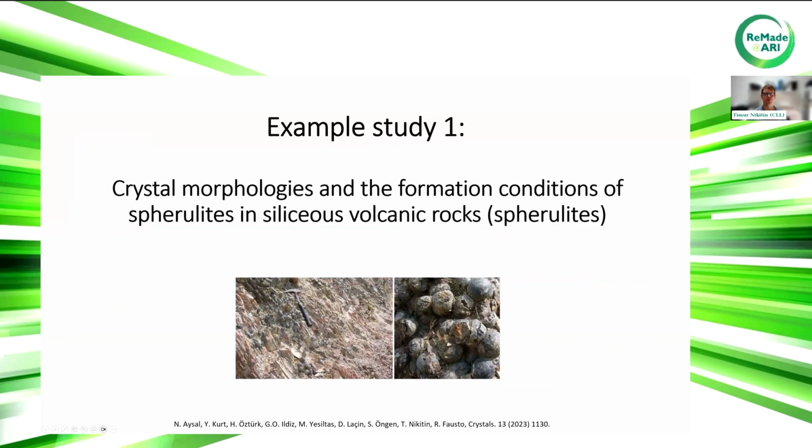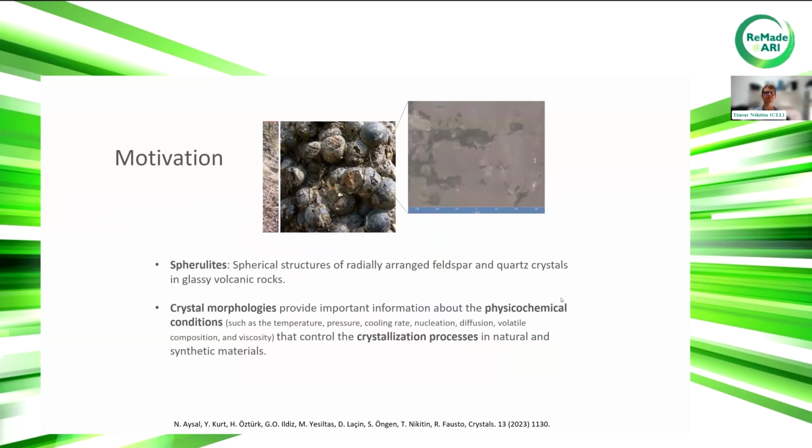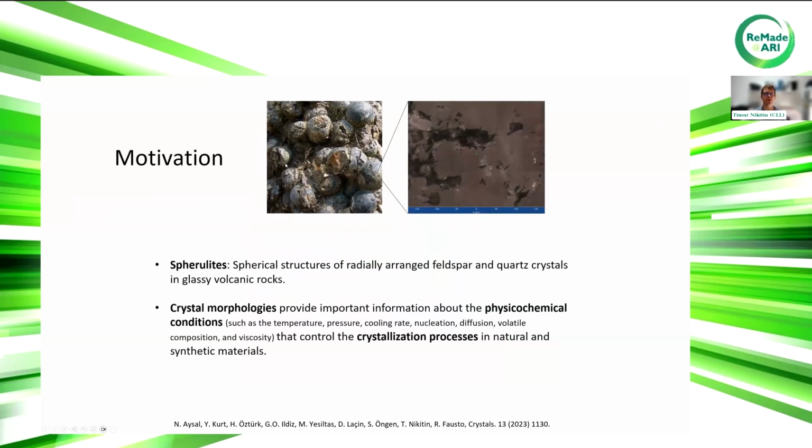Okay, so let's go to the first practical example, which we studied in collaboration with our Turkish colleagues. In this work, they studied crystal morphologies and formational conditions of spherulites in siliceous volcanic rocks. So this is just an example of the sample, and this is an optical photograph from the microscope.